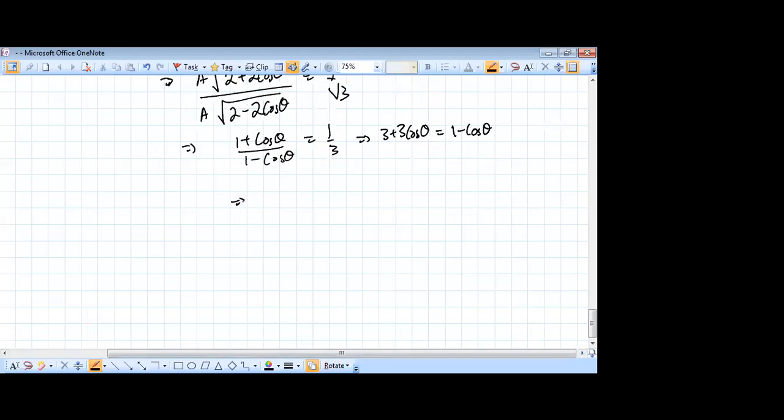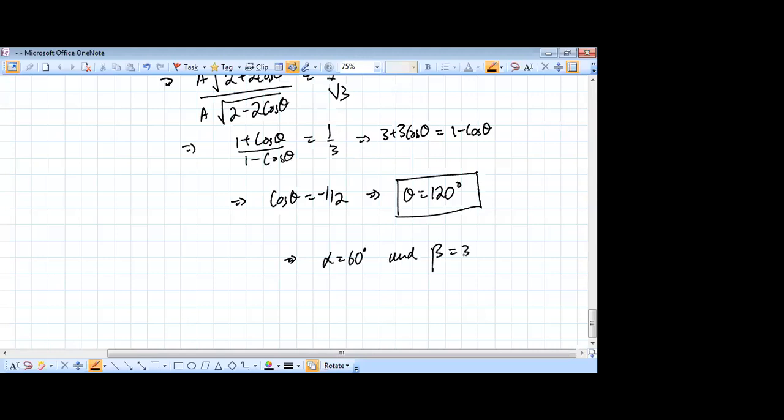So as you can again see, you're getting cos theta as minus half. So that is telling you that theta is equal to 120 degrees. It also means that alpha is equal to 60 degrees and beta is equal to 30 degrees.